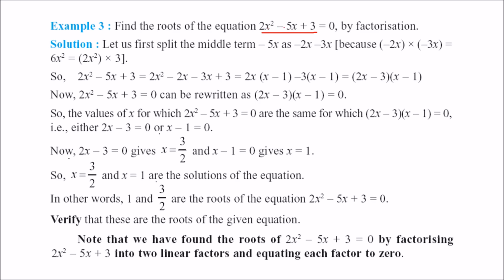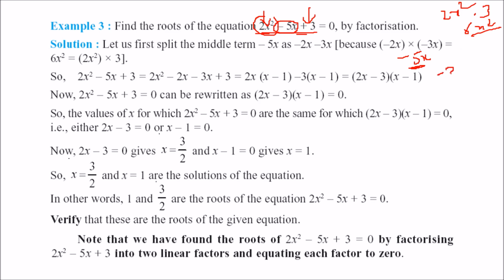Now for this 2x square minus 5x plus 3, we have to split minus 5x such that we get some kind of factorization, and this minus 5x has to be split into two terms whose product equals 2x square times 3, that is 6x square. So how can we write this minus 5x?